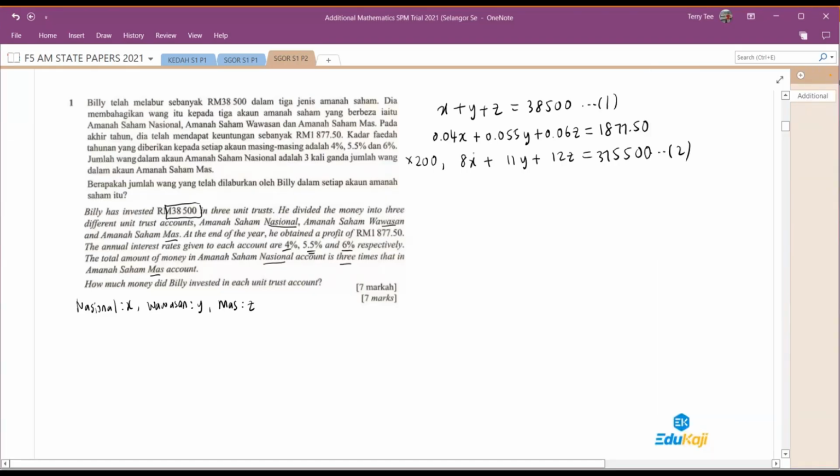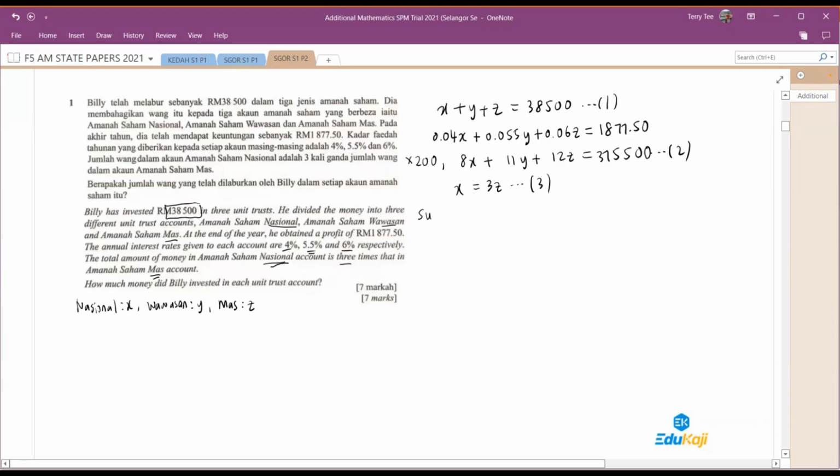Now the third equation is the amount of money invested in Amanah Saham National. National is X, and it is 3 times Amanah Saham Mas. Mas is Z, so X is 3Z. Let's call this equation 3. To solve these 3 equations simultaneously, especially when one of them has a subject, substitution will be easier.